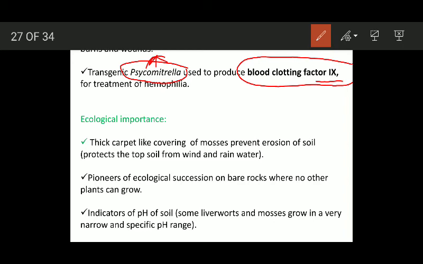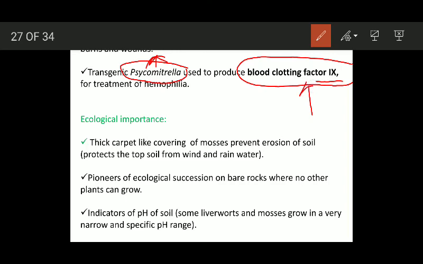Hemophilia is a disease where the patients lack the capability of forming clots, and this transgenic bryophyte is used to treat such hemophilia patients because it produces blood clotting factor IX.